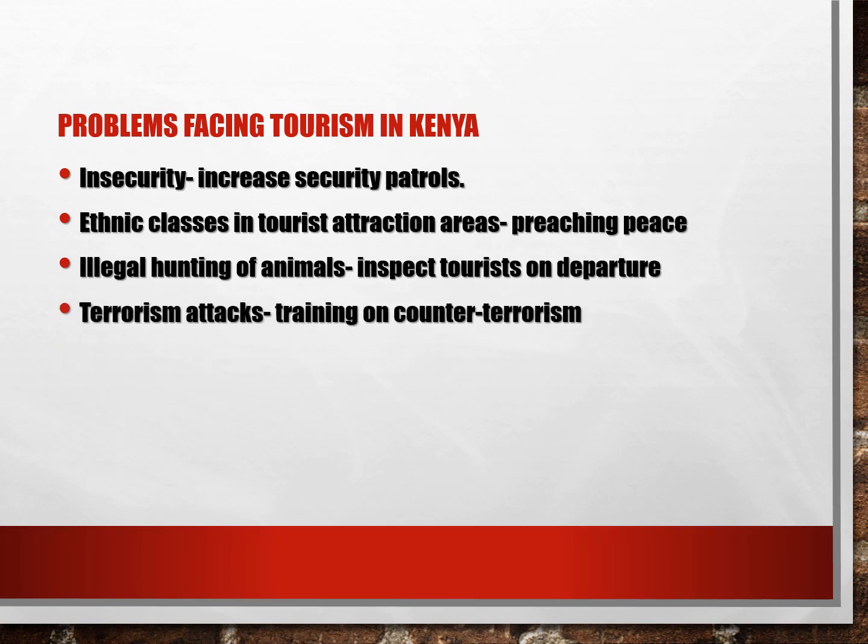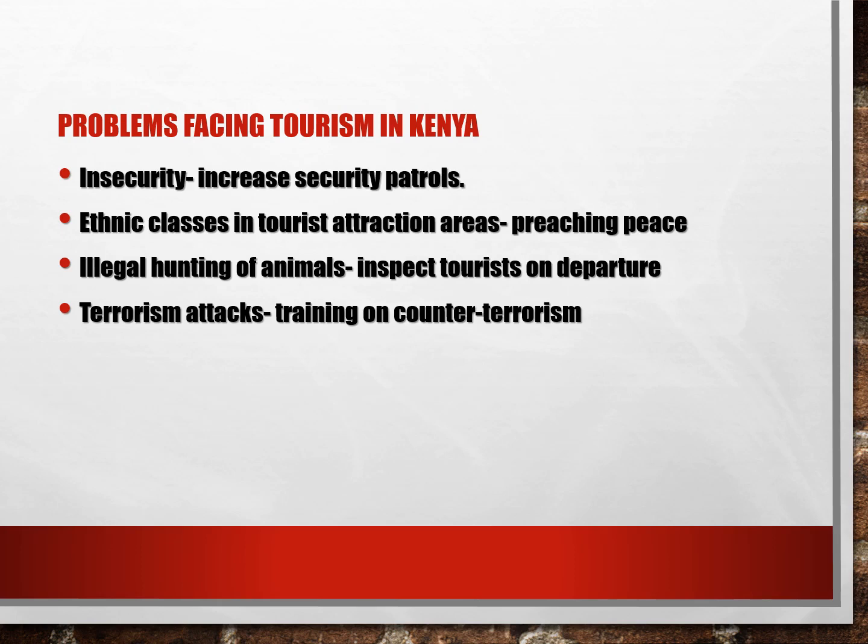Then terrorist attacks. Now, terrorism, we had sometime back in Mombasa, we had an airplane that was missed by a Stinger missile in Kikambala. That airplane was carrying tourists. If we have such a situation, then we will discourage tourism a lot.